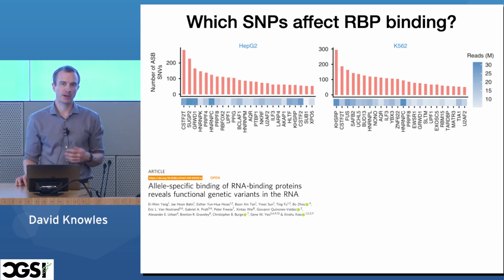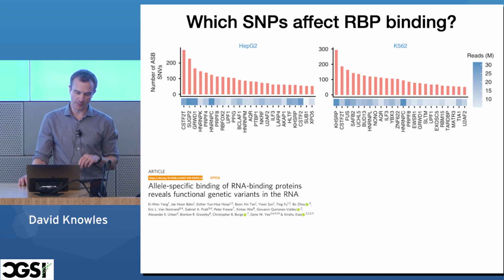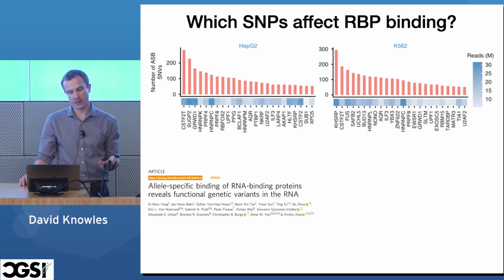But of course, just because a SNP falls in a peak doesn't mean it's going to change binding of that RBP. There's really been very little work trying to figure out which variants actually might affect RBP binding, with the notable exception of this paper from Gene Yeo's group, where they looked at the ENCODE data, and they looked at heterozygote sites in these 2 cell lines, HepG2 and K562.